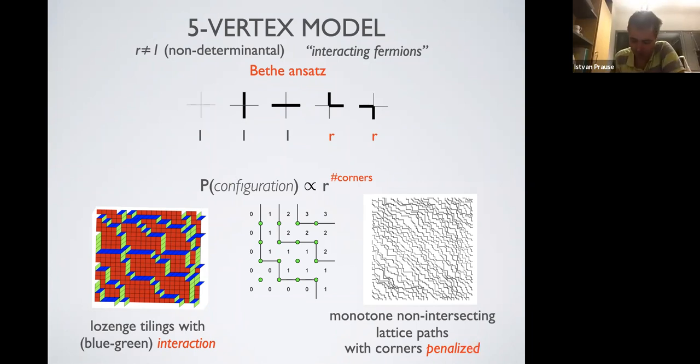When r is non-zero, this destroys the determinantal structure. In the physics language, the fermions now interact, or in other words, we now penalize or favor having corners. One can also introduce here the height function. This lattice path will be the level lines for the height function, or we can also view this as a lozenge tiling, but with an interaction between the blue-green lozenges.